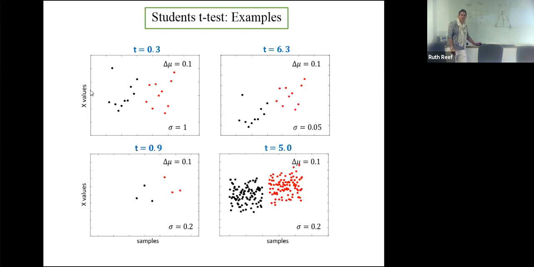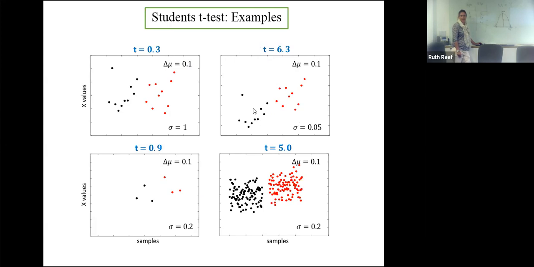So here are some examples of what t's I can calculate. Here we have a difference in mean that's always 0.1. We have standard deviations that vary widely, and population sizes that vary widely between these plots. From that, I can calculate different t's. There are places here where t's are getting pretty high.